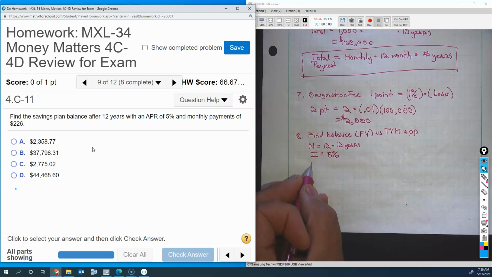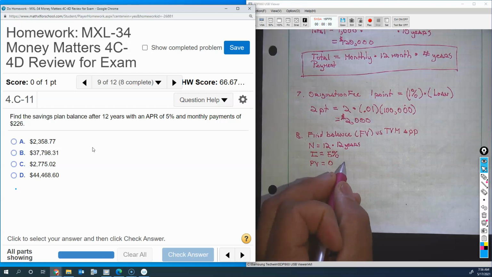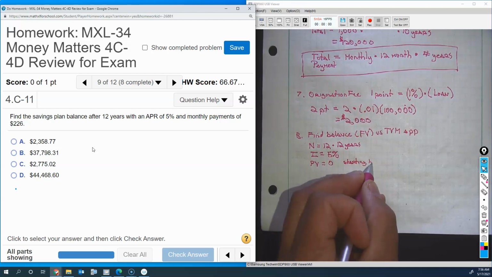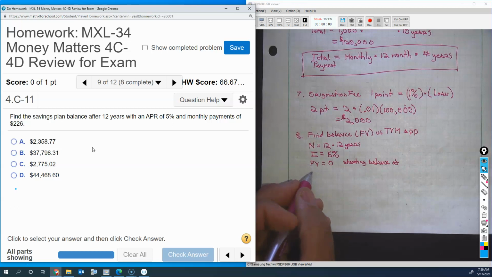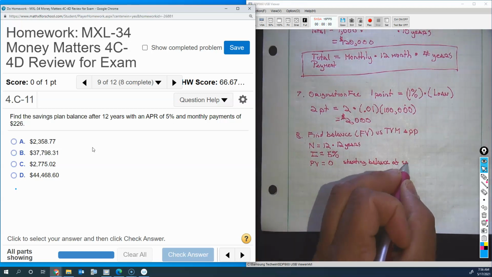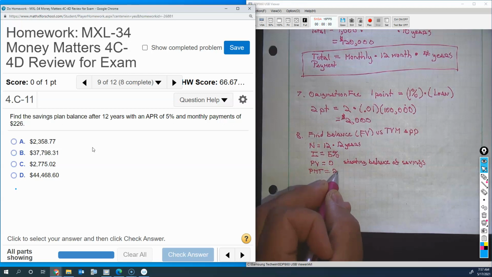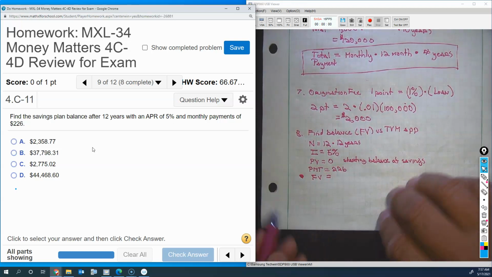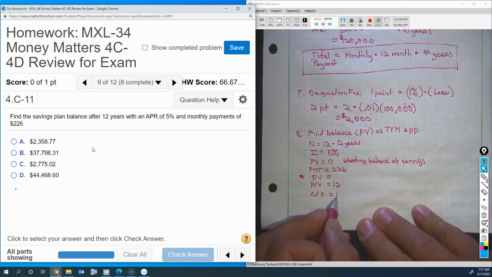My present value is 0 because I'm not starting with anything. PMT is 226. FV is what we're going to find, so put a little dot by that. And we're making 12 payments, and it's being compounded 12 times a year.